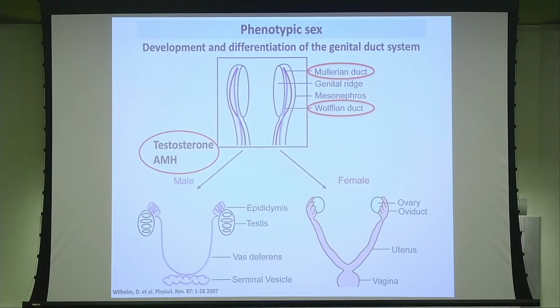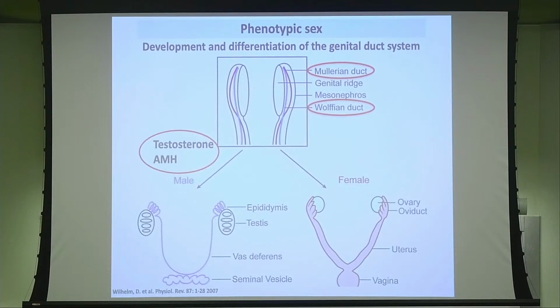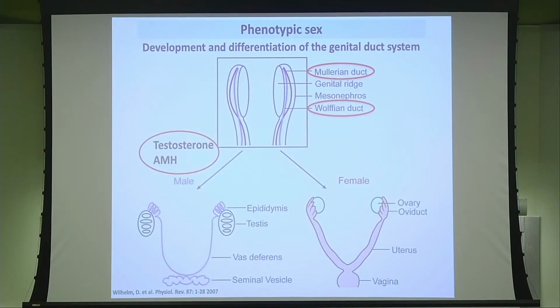Well, the key difference between the fetal testis and the fetal ovary is, aside from entry into meiosis for germ cells and mitotic arrest in the testis, the fact that the testis secretes hormones and the fetal ovary does not. The fetal ovary does not secrete any hormones. Okay?